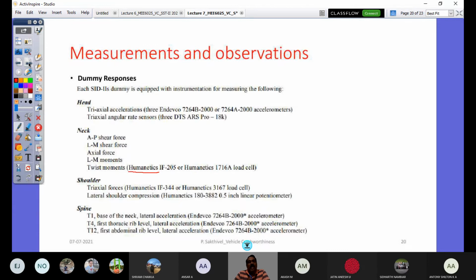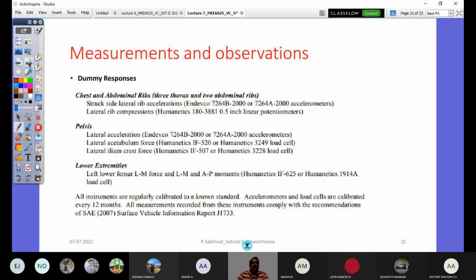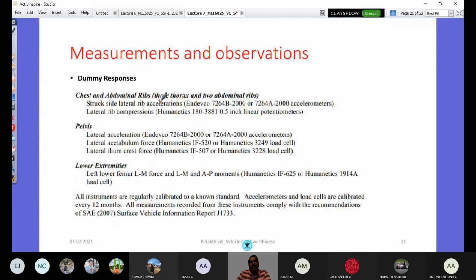Continuing with these dummy responses, apart from those parts, you can also see the chest and abdominal ribs. What is happening? For that you have rib accelerometers. Lateral rib compressions can be measured through potentiometers. And for the pelvis, pelvis lateral acceleration, acetabulum force, what is that?